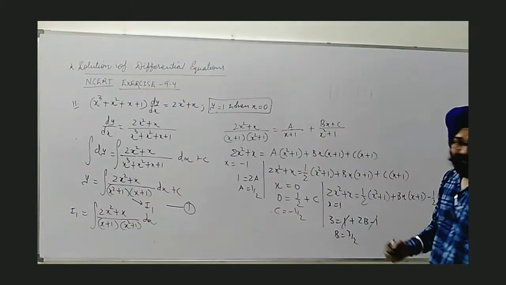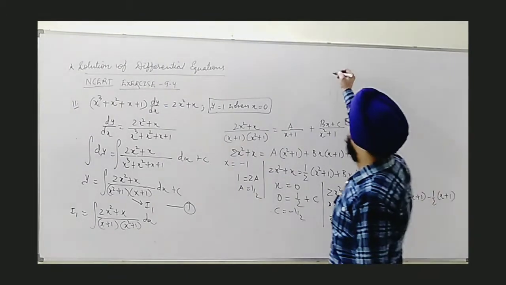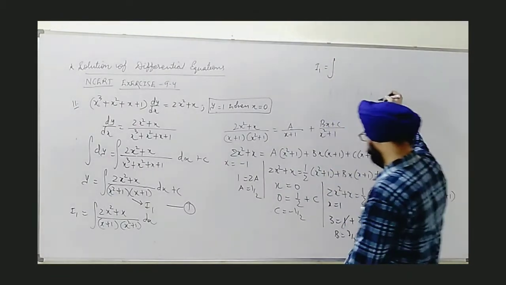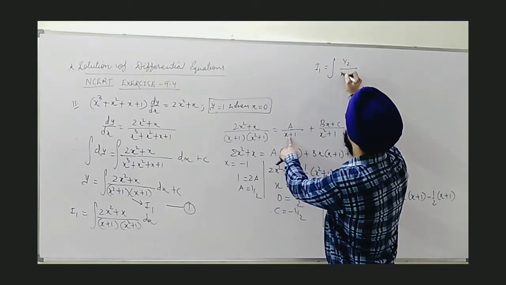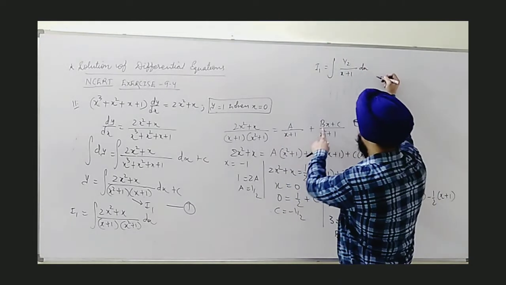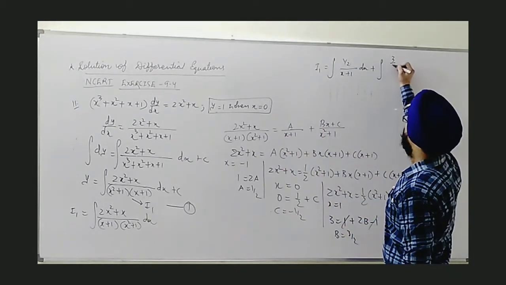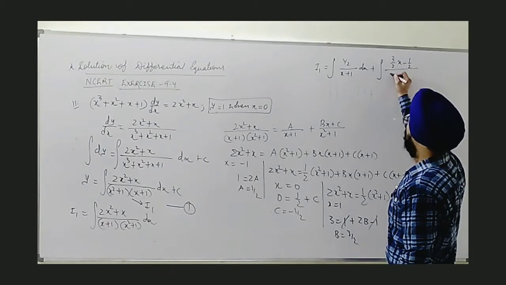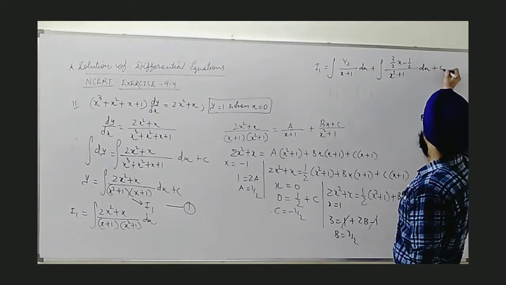Main purpose is something else, not this one. This we have already done in the partial fraction topic. I1 can be written as a 1 by 2 upon x plus 1 dx, here second term, b 3 by 2x, c minus 1 by 2 upon x square plus 1 dx plus c1.